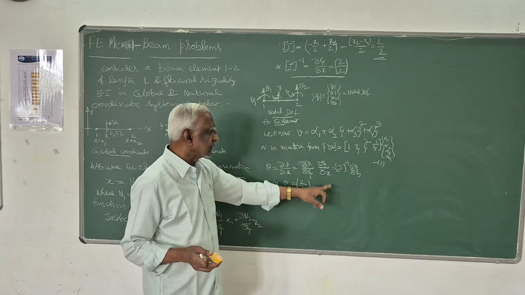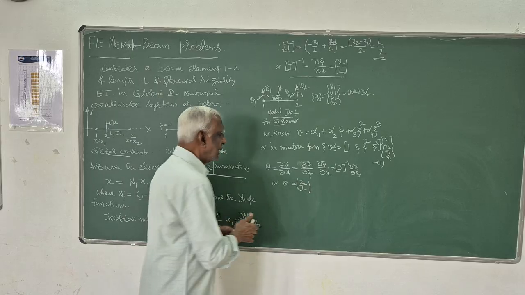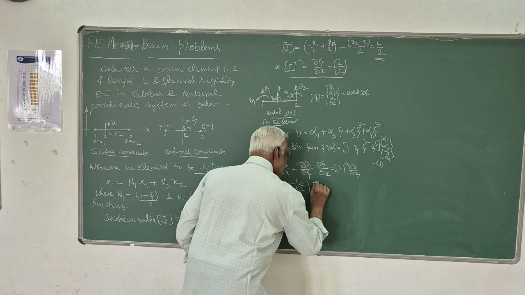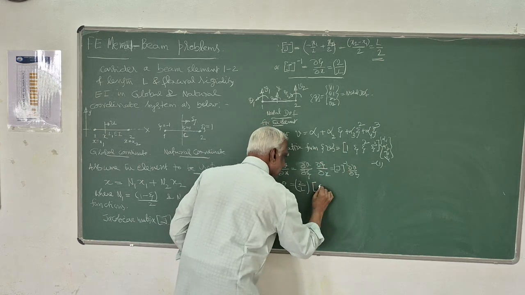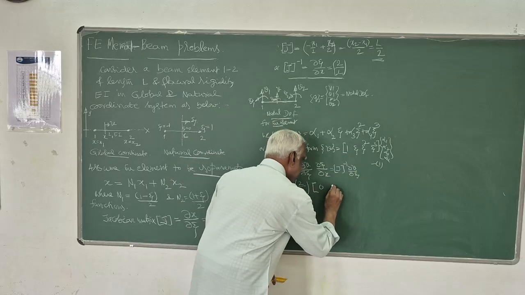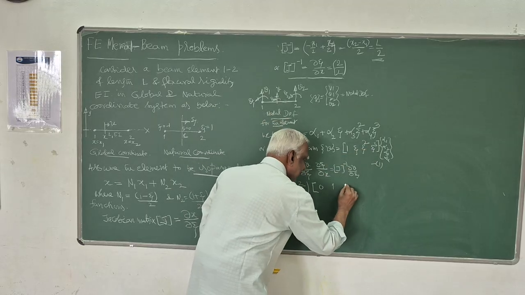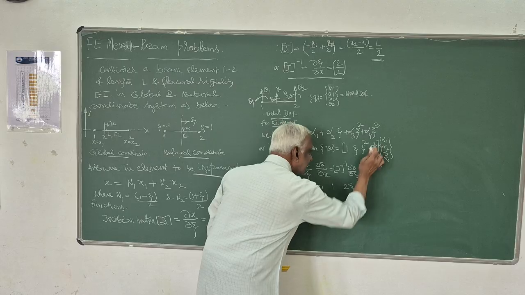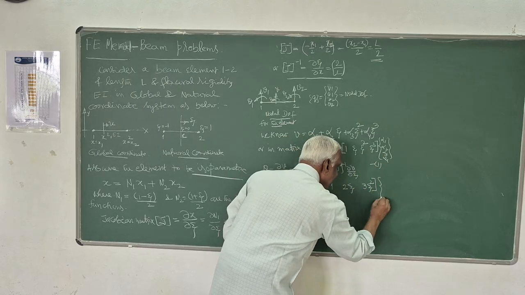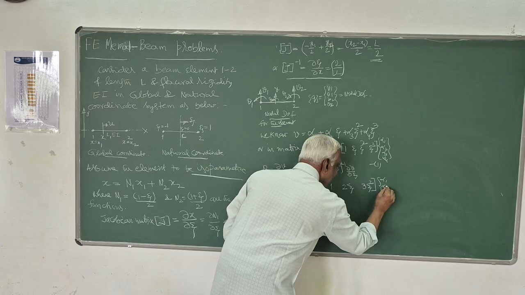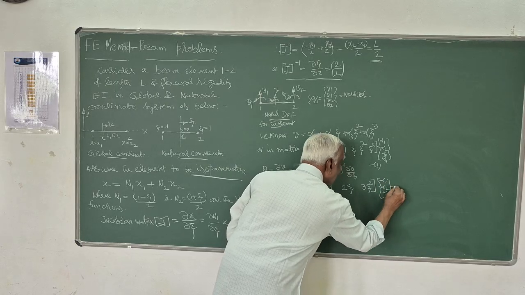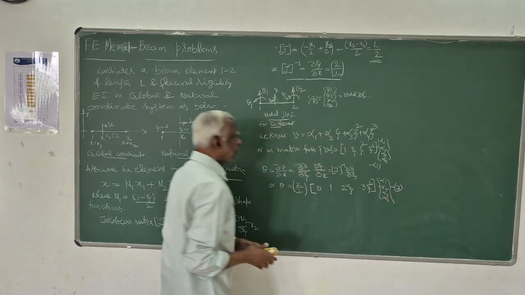You will get, Jacobian inverse is 2 by L, so into, the partial differential coefficient of 1 is 0, of xi is 1, of xi squared is 2 xi, this will be 3 xi squared, into alpha 1, alpha 2, alpha 3, alpha 4. This is your equation 2.